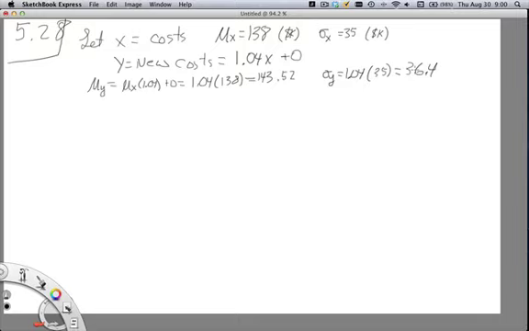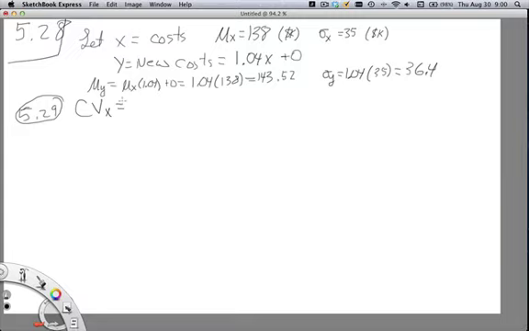Let's go on to problem 29 now. So 29 reads, for the previous problem, compare the coefficient of variation before and after. Why does it change or not change in this way? So 5.29, the coefficient of variation of x, let's find that out. So remember what coefficient of variation says. It's the relative variation.